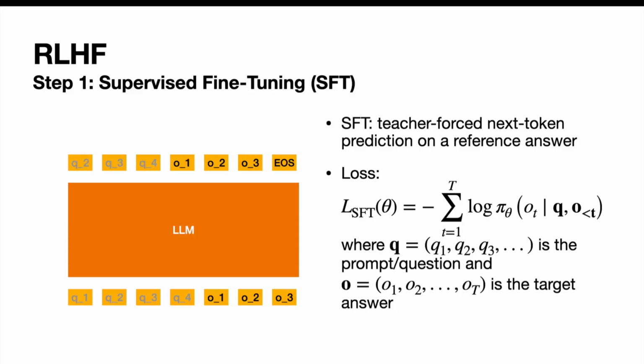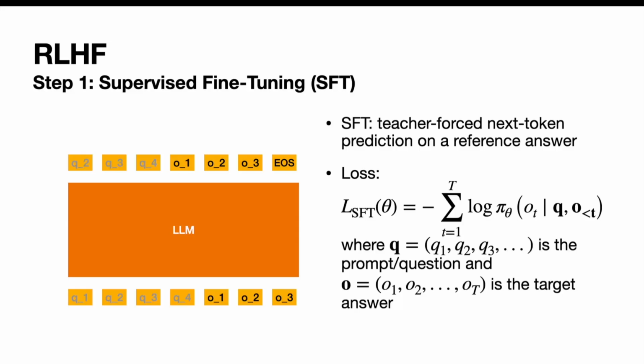At every position, the model is shown the true previous token from the reference answer as input, rather than its own previous predictions. So even if the model would have generated a different token, training continues along the reference sequence.